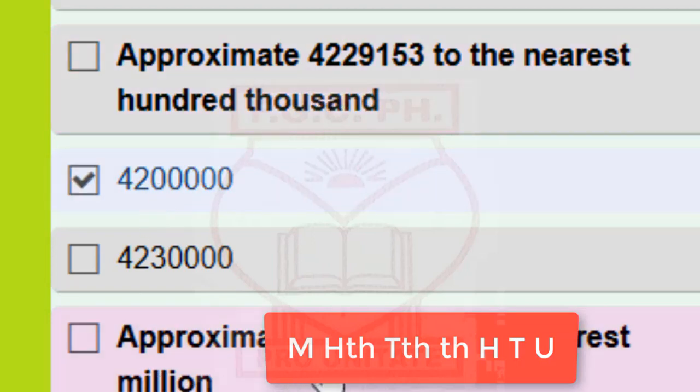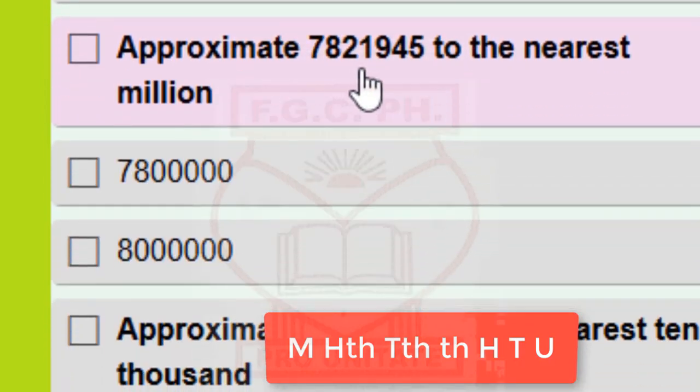If we are going to approximate 7,821,945 to the nearest million, the million digit is 7, so we're going to round up 8, and 8 down to 5 will all become zeros. And because 8 is being rounded up, it gives 1 to the 7, making it 8.